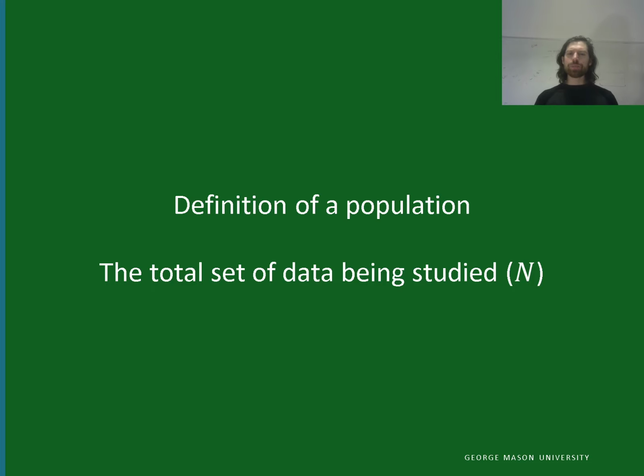Now let's think a little bit about how we do some basic sampling and what we're going to be considering as a wider population, for example. So the definition of a population is the total set of data that are going to be studied. I think you probably think about this in terms of a country. So let's just say that we're going to consider the population of Fairfax.